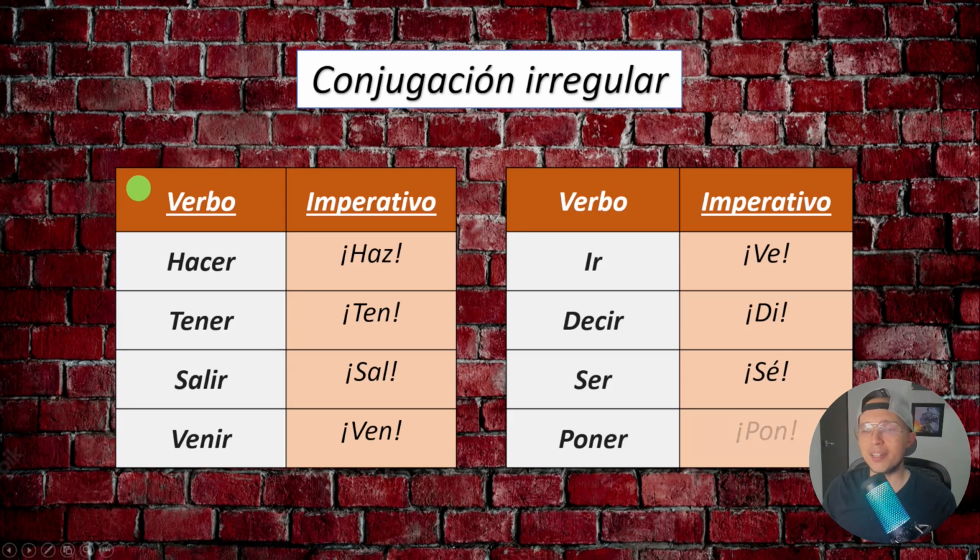And for poner, we would say pon. One more time. Pon. Like put the water on the table. Pon el agua en la mesa. So as you can see, they are very irregular. We just need to remember they're monosyllable, so they're not that difficult to remember. So let's repeat.